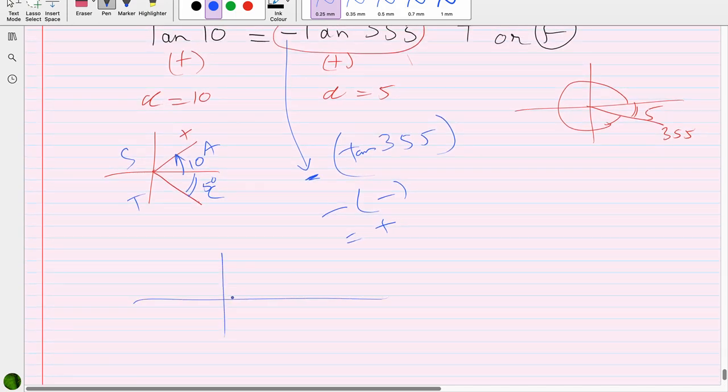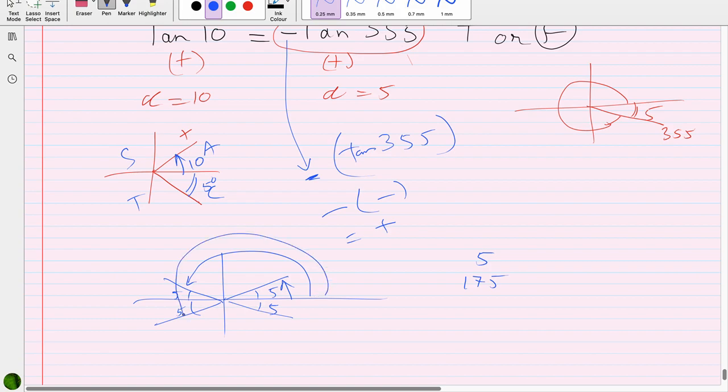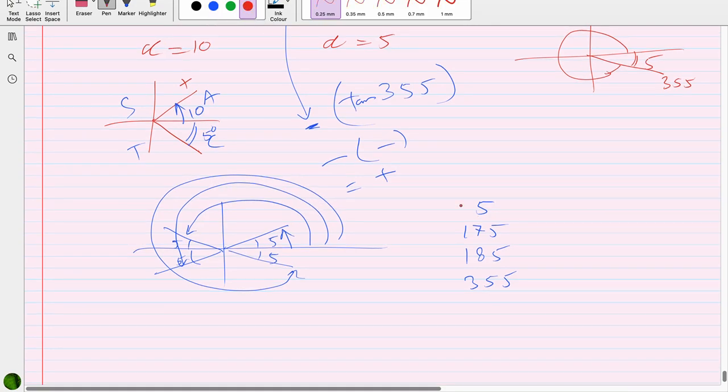Another example, if we do it with 5, so 5, 5, 5, again, last one again 5. First angle would be 5, second angle would be 175, third angle would be 185, the last fourth angle would be 355. So all these have the same basic angle, that is 5. So whatever we do, sin, cos, tan, let's do with tan, they all will have the same value, tan of 5, tan 175, tan 185.